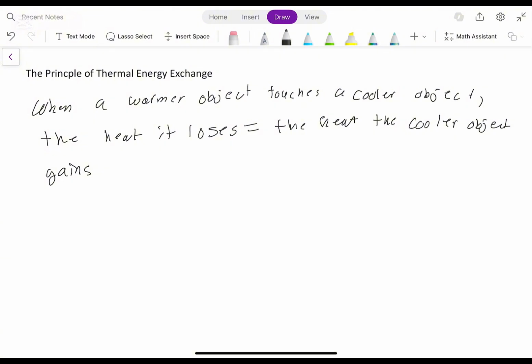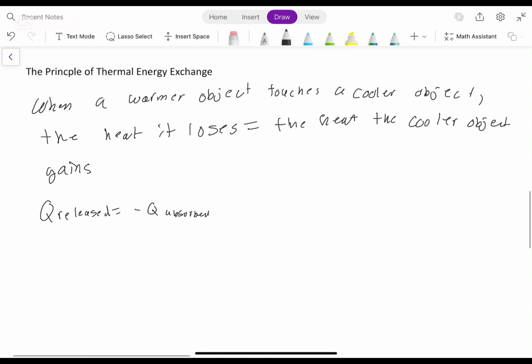So the equation we're going to use for this is, we can name it like Q released. So the quantity of heat released is equal to the negative of the quantity absorbed. What you label these are really up to you.